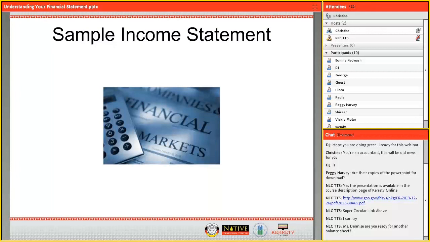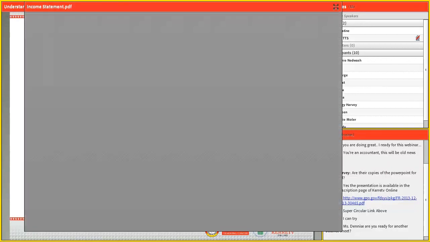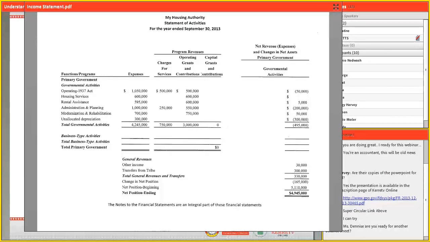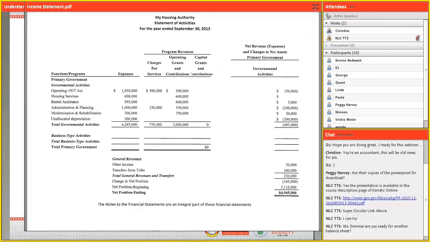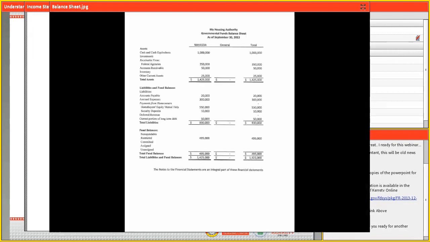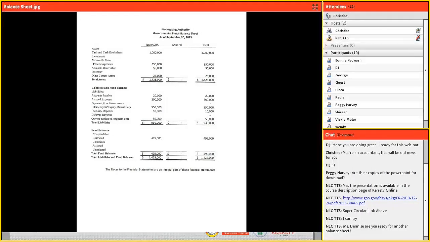Okay. Murray, do we have the other income statement available? Do we still have the other one? Again, y'all, sorry. I was changing things around on her. That one.